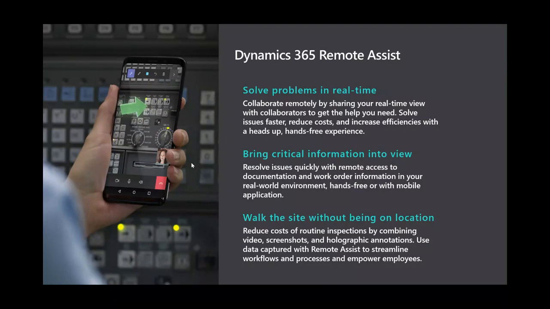This is about solving problems in real time. This is about the real connection between you and another person. Bringing critical information into view is about having the information you need while you're in that call. And walking the site without being on location is about the remote aspect of Remote Assist, that you can be in one place without having to travel. So let's go into detail on these.